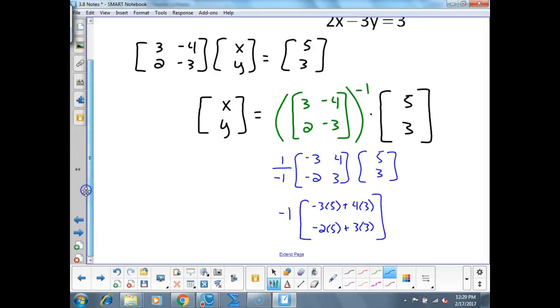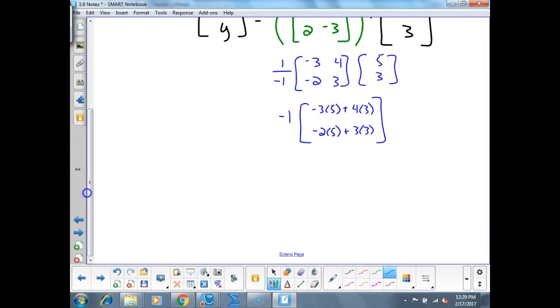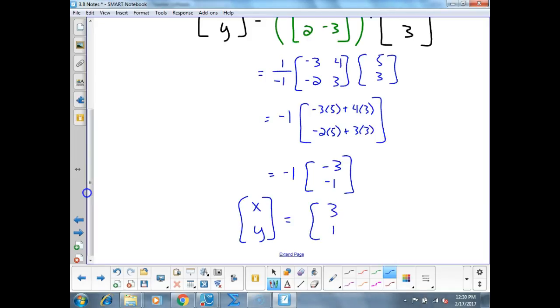So that is -1 times -15, so that's -3, -10, that's -1. So x and y here is going to be 3 and 1.